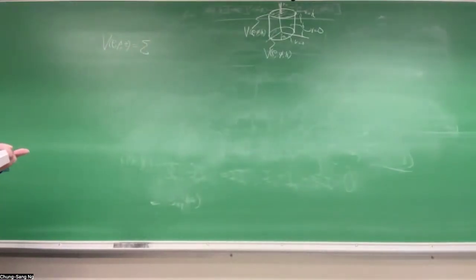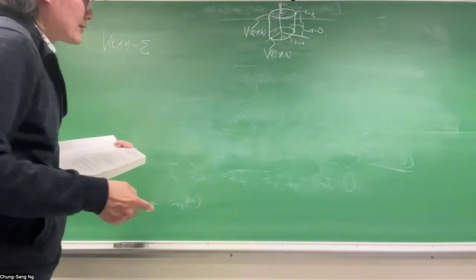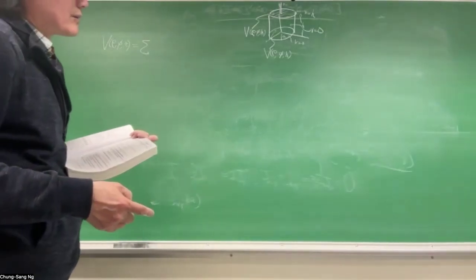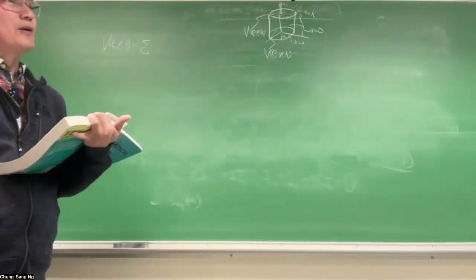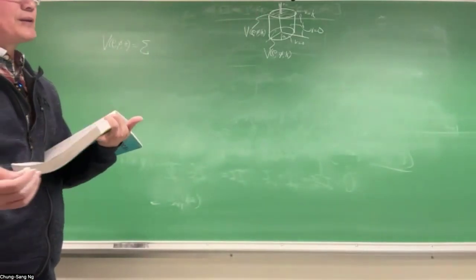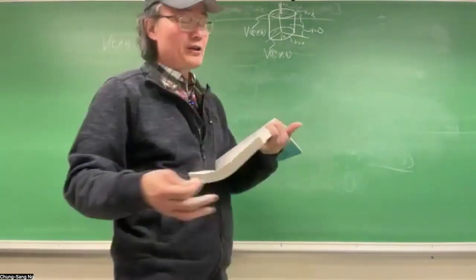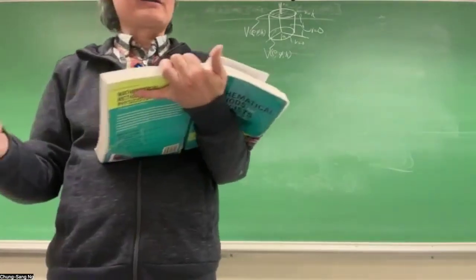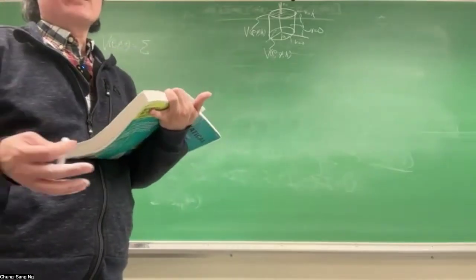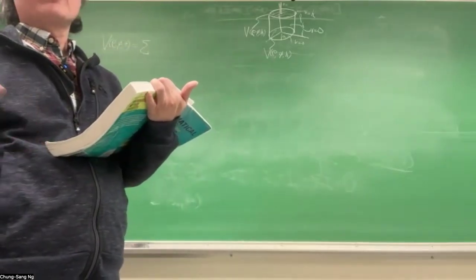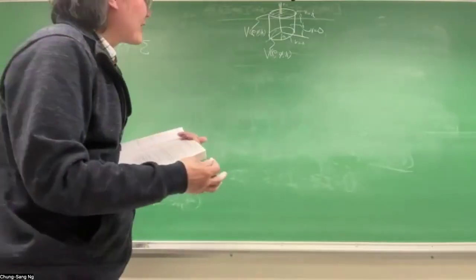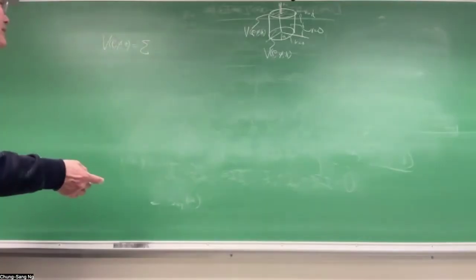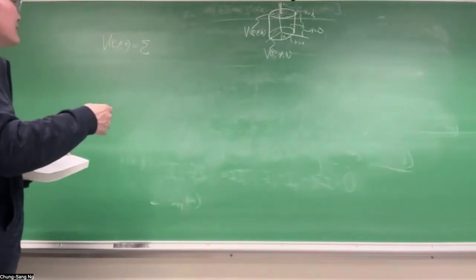Because it's a Laplace equation, the 3 constants from the azimuthal part, the radial part, and the z part add up to 0. So you can have 2 positive and 1 negative. They cannot be all positive or all negative. Remember, we discussed that. And so we have the Bessel equation.